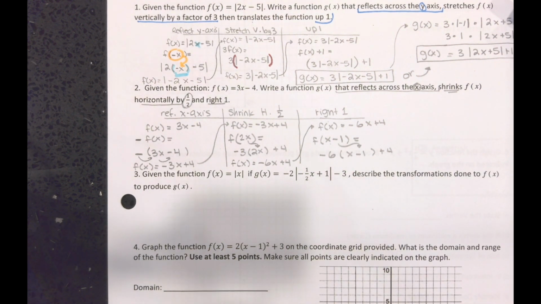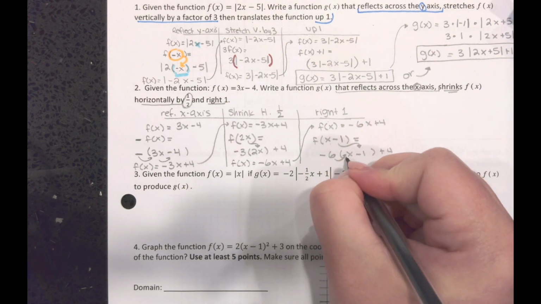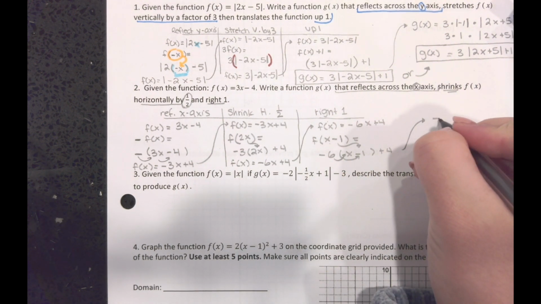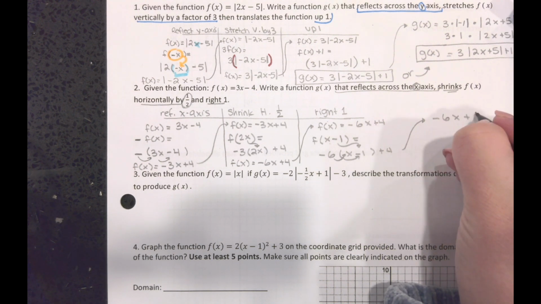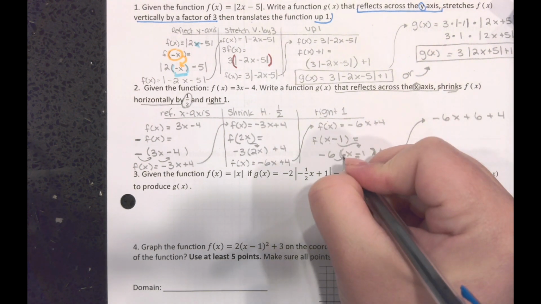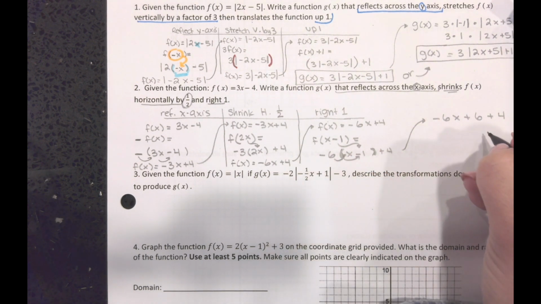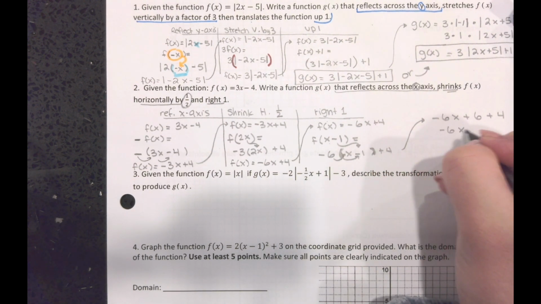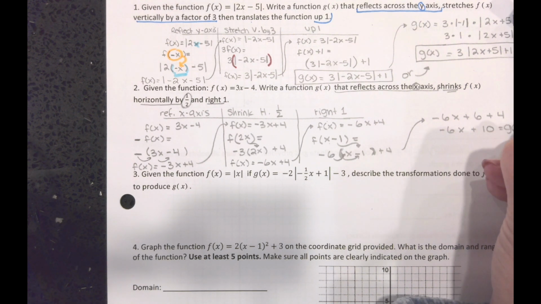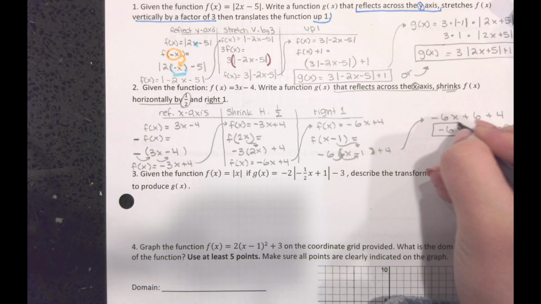What happens here is you will need to distribute. This is a pretty decent change. So I'm going to be distributing that negative 6. Glad I have some extra space. Negative 6x plus 6 plus 4. Distribute only on the inside. Don't touch this plus 4. Then we have negative 6x plus 10 as our g of x.